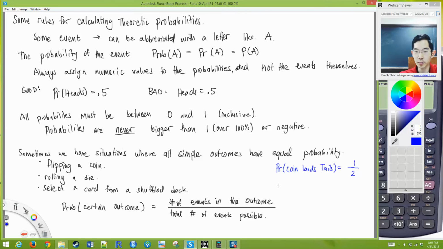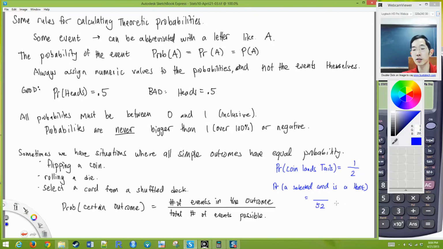If we talk about the probability that a selected card is a heart. Okay. So how many cards are in a total are in a deck? 52. There's 52 cards total in a deck.